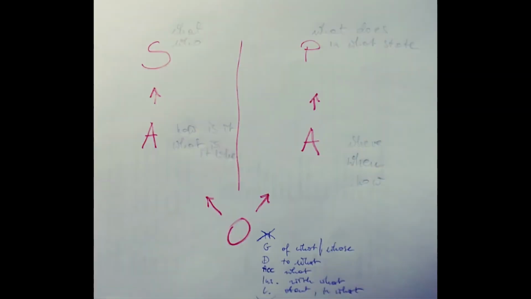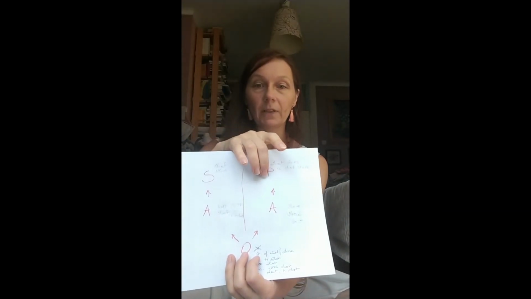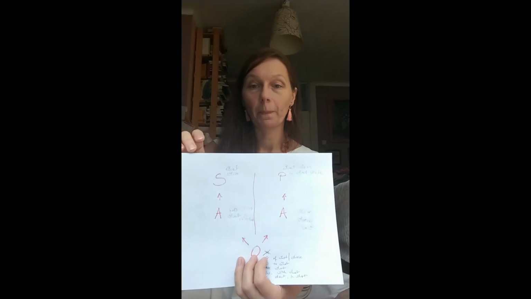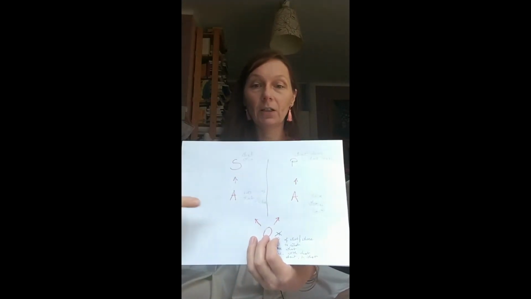What does it mean? Here is a subject. Here is a predicate, right? Verb. Actor, action. Here is a description of a subject.